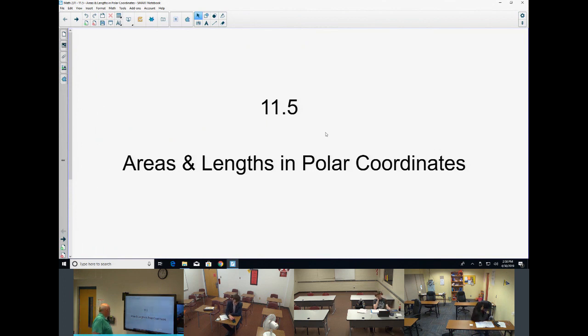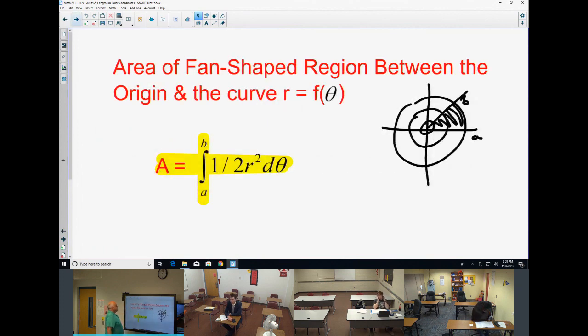All right, so here we go. When we're doing an area of a region in polar coordinates, usually it's like a fan-shaped region because you're going from one angle to another angle, and then the radii in that. Okay, and so you'll have a polar equation, r equals a function of theta.